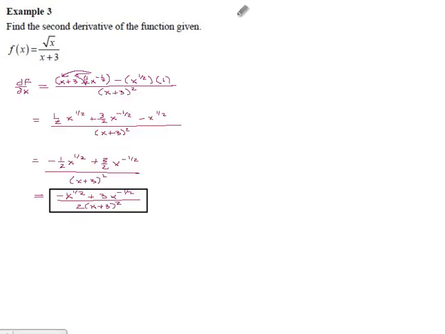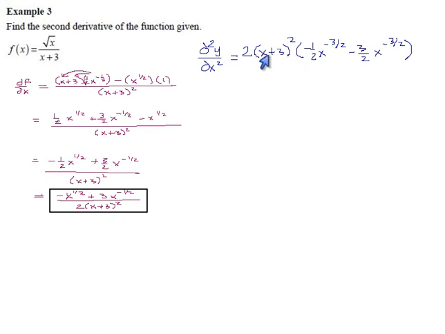So, our second derivative, d squared y over dx squared, will be bottom times derivative of the top, which is going to be minus 1/2 x to the minus 3 over 2 plus, or sorry, it starts out as plus, but then minus 1/2 comes down, so minus 3 over 2 x to the minus 3 over 2.